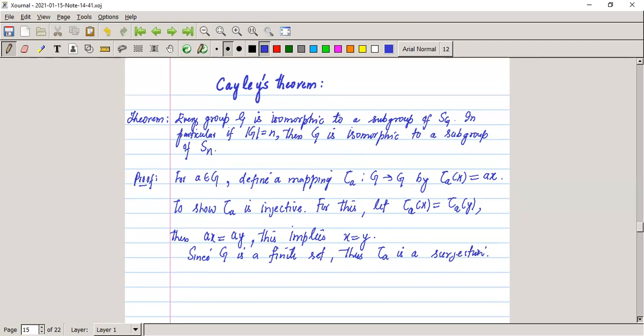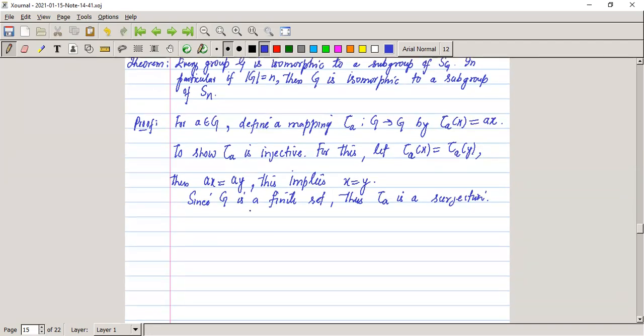Therefore we have proved that tau_a is 1-1 as well as onto. So this means that tau_a is a permutation on G.